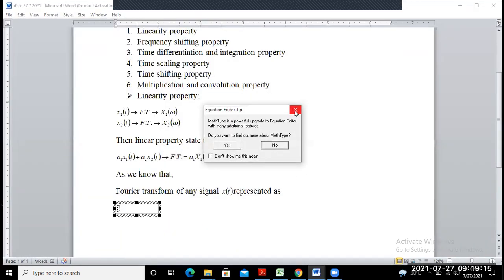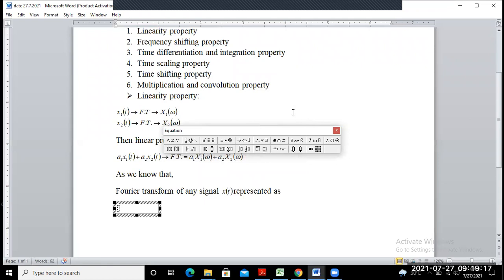So just write here the basic equation of the Fourier transform of any signal x(t).